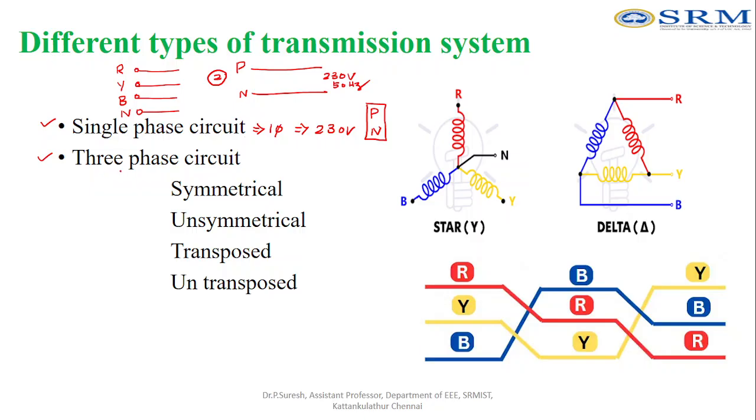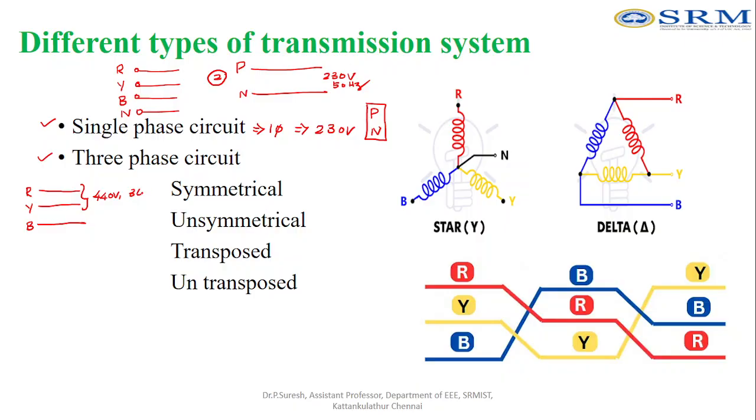On the other hand, a 3-phase circuit is where we require all the 3 phases. So I can go for a 3-phase circuit like this. This is R phase, Y phase, and B phase. If you measure the voltage between R and Y, that is going to give 440 volt.